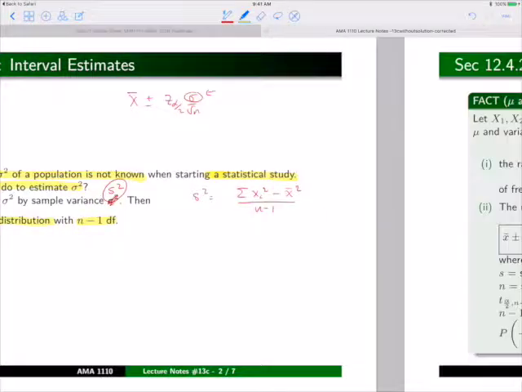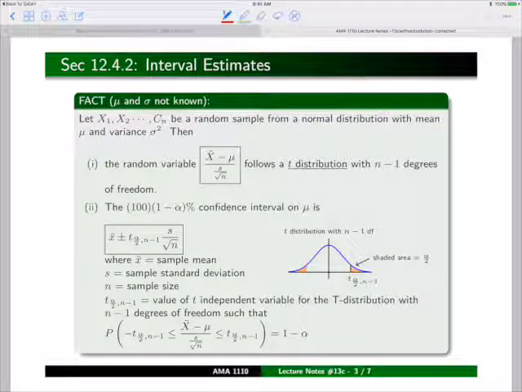So let me explain that in detail. Suppose we have a bunch of measurements taken randomly from a normal distribution. In this case, we need the measurements taken from a normal distribution with mean mu and variance sigma squared, which is usually not known at the beginning.